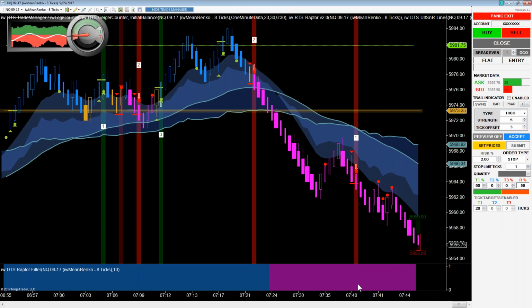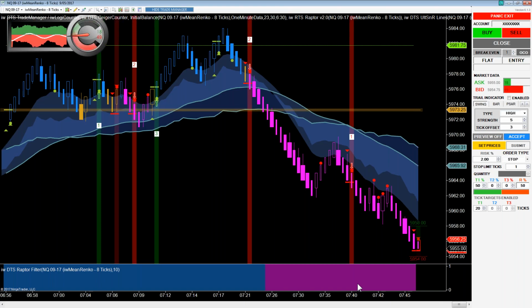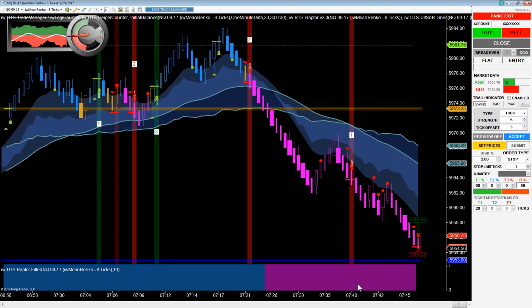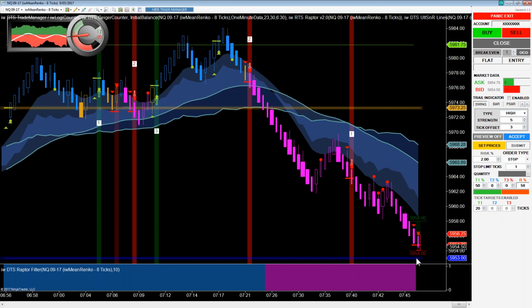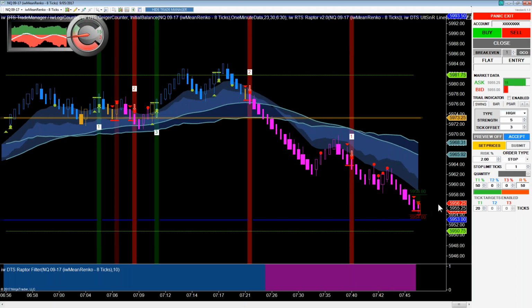Probably see a retest of the lows of the day, I would think. After all, that's where the buyers got in before. So we're getting close to that with the primary support line. Lows of the day are just a few ticks past that at 59.50 3/4.